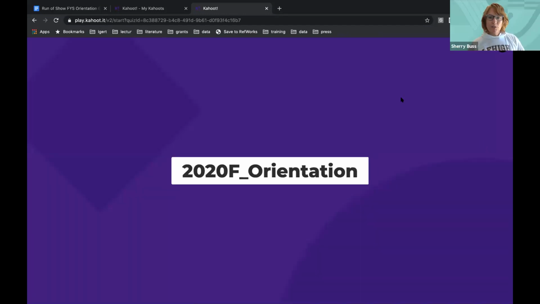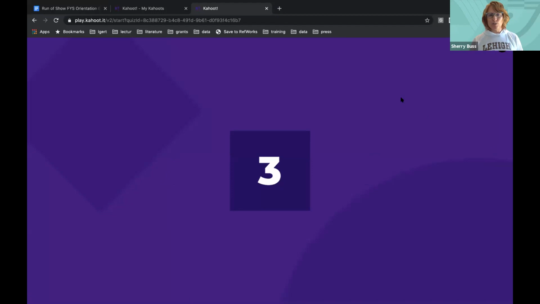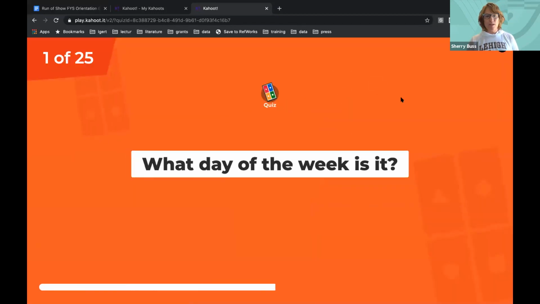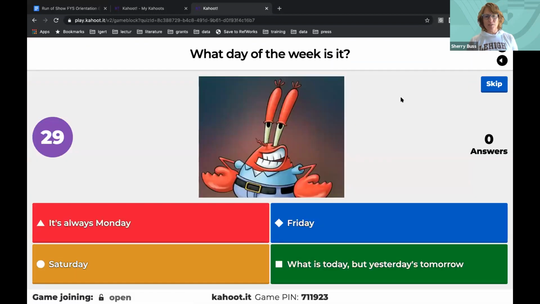So when you're looking at your phone, you won't see the answers on your phone. You'll just see the colors that match the answers. So we have a couple test questions to get us started. You're quick.